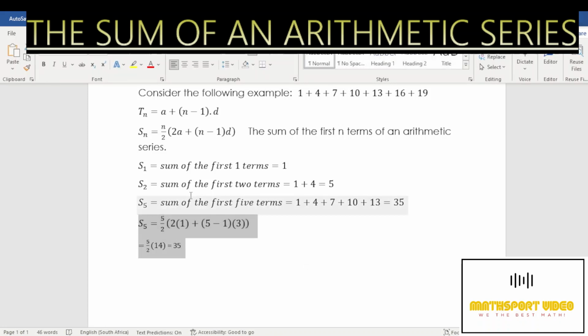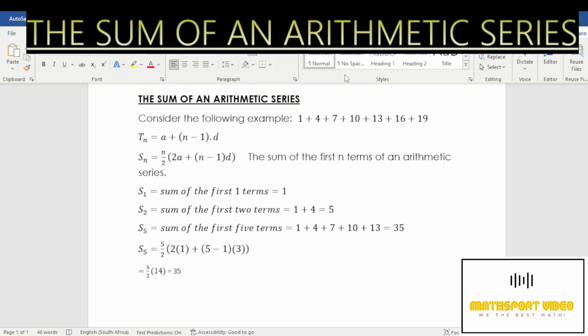So you can see this calculation is giving you the same answer as if we just had to work out the first 5 numbers added together. So it really is a nice little calculation. And let's see if this was maybe a 4. If we were working out S4, then this is going to become 4s all around.